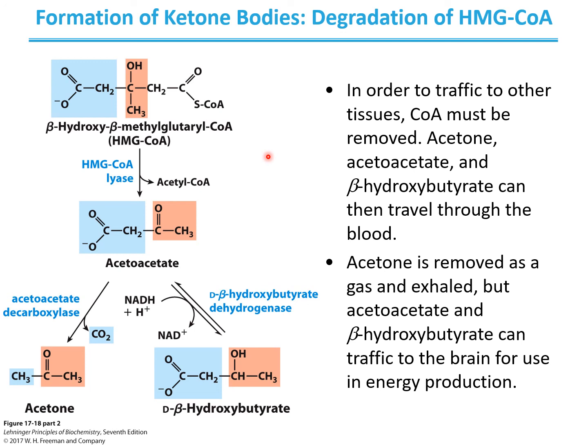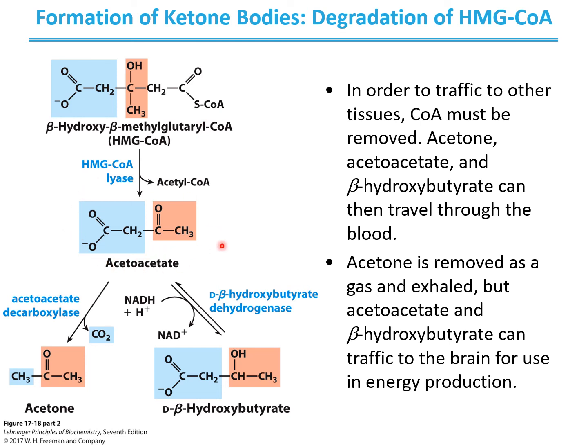Then, in order to traffic to other tissues, the coenzyme A must be removed. So acetone, acetoacetate and beta-hydroxybutyrate can then travel through the blood. Acetyl-CoA is removed from this compound, which leads to acetoacetate.